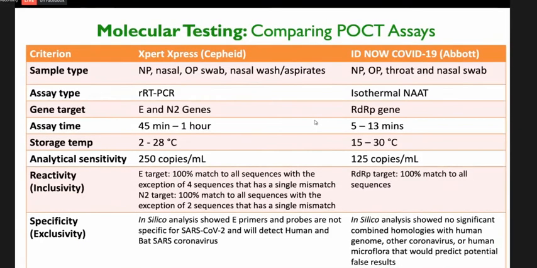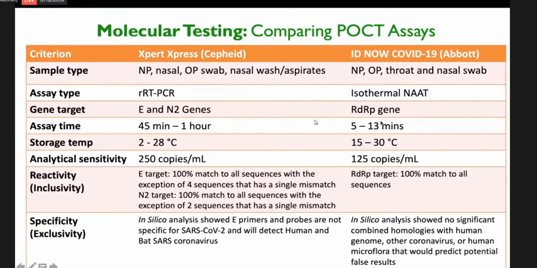In this slide, I have shown the comparison between Xpert Xpress and the Abbott assay. The Xpert assay system is based on RT-PCR, and it is targeted on E and N2, while the Abbott ID NOW is based on isothermal amplification and is targeted on the RNA-dependent RNA polymerase gene.